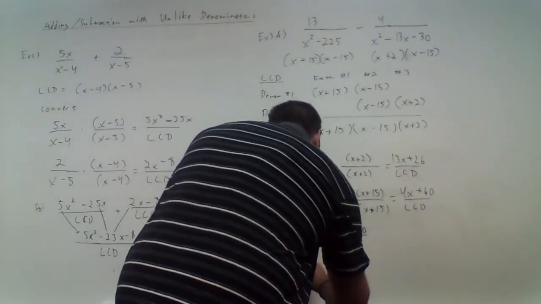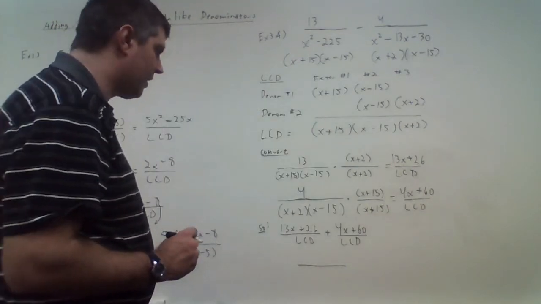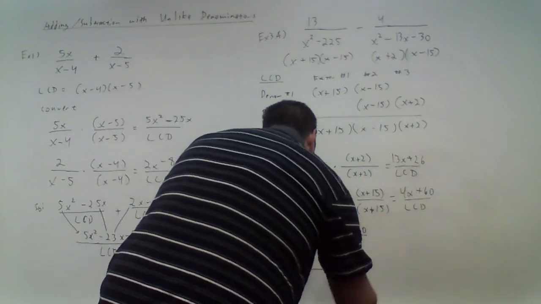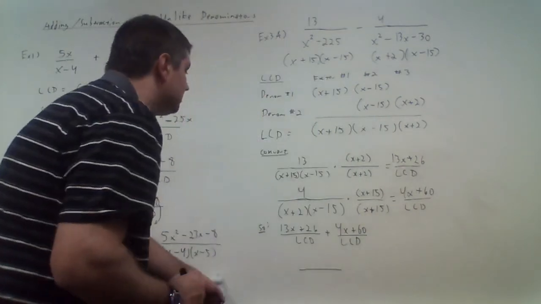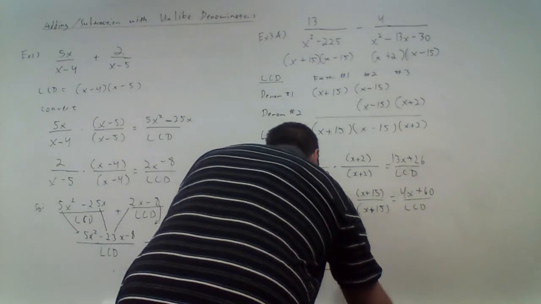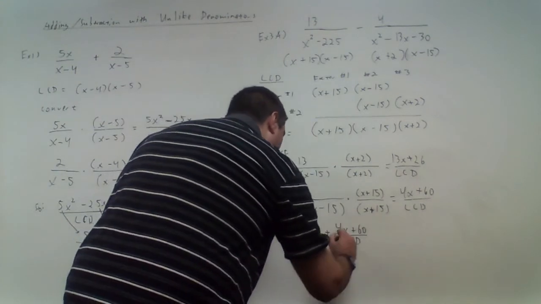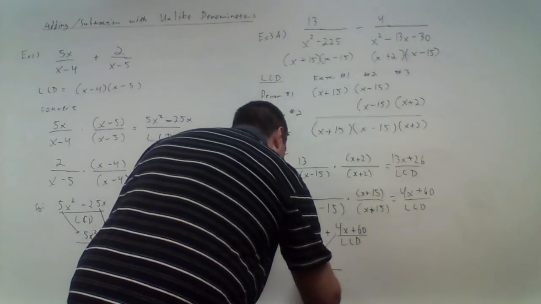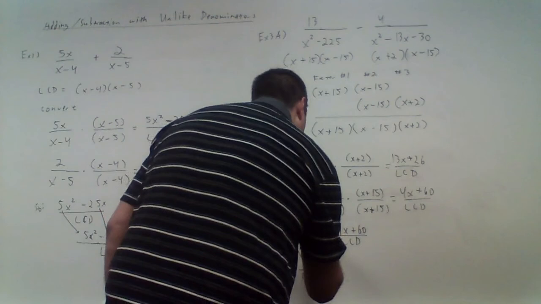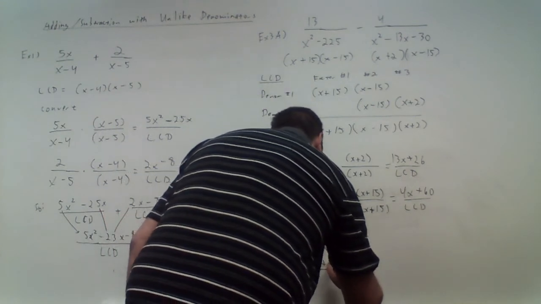So as we approach the last step, I think to save some room, I am going to write out the entire LCD here. I'll go ahead and write this out. Okay, so 13 x's and 4 x's is 17 x's. 26 plus 60 is 86.